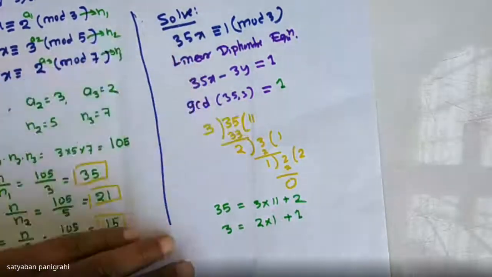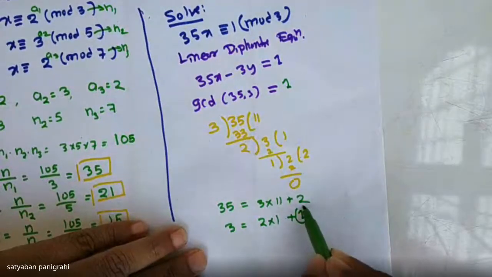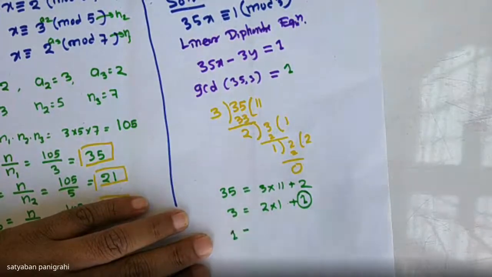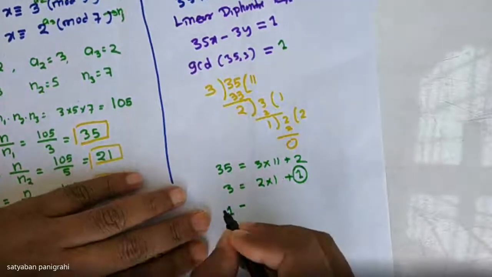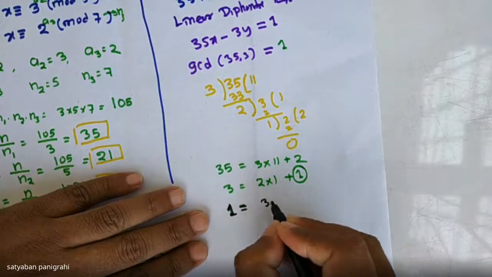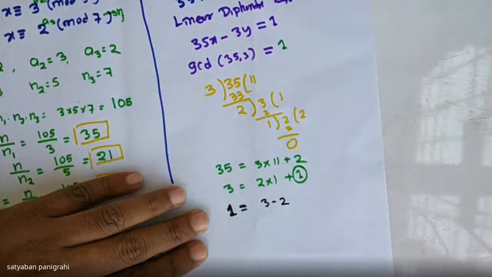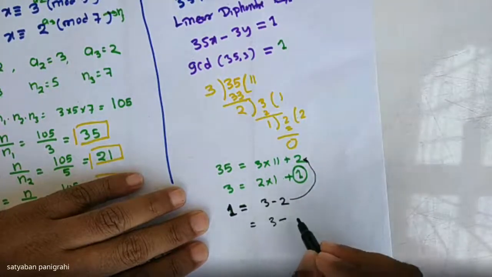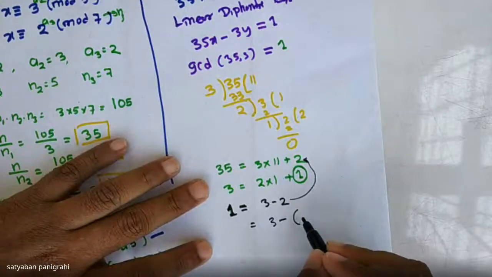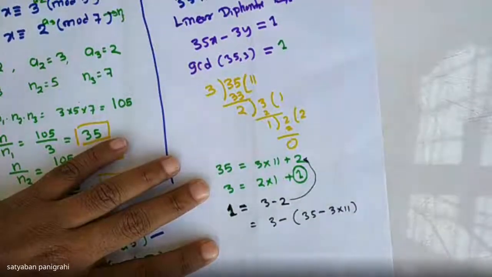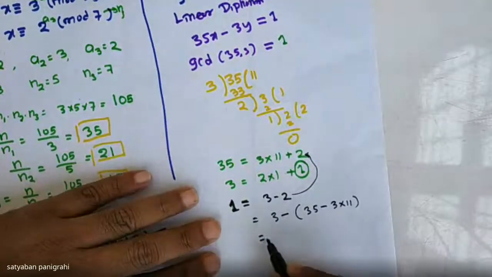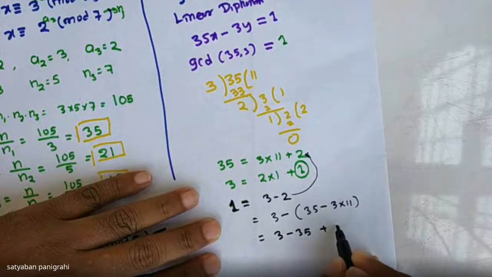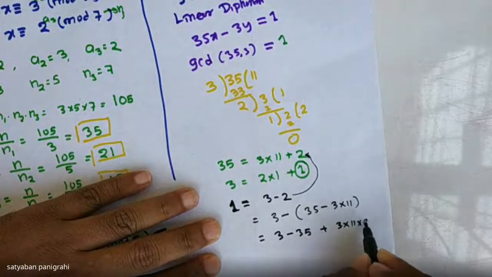So this is the GCD. Again, 1 can be written as 1 equals 3 minus 2. Now in place of this 2, you write 35 minus 3 into 11. So this equals 3 minus (35 minus 3 into 11).